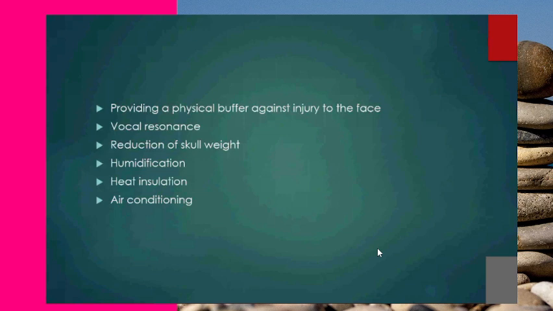Okay. So also it contributes to vocal resonance. So what is that resonance? A sound is being generated in the voice box. Any sound which is passing through an air-filled cavity creates a resonance. Okay. So our speech produced in the voice box or the larynx passes through the nose and the nasal cavity, so that proper resonance is created.